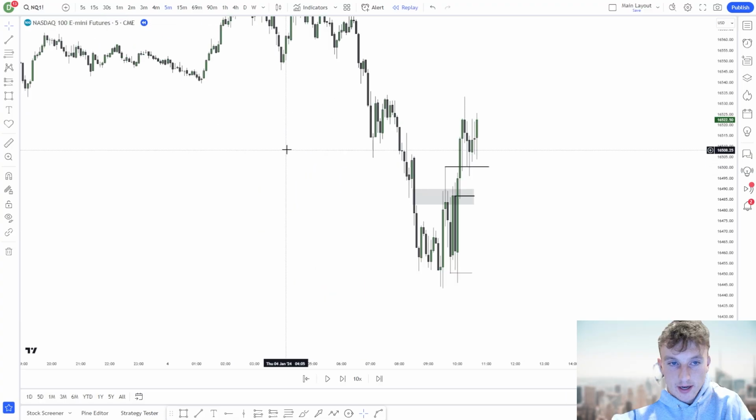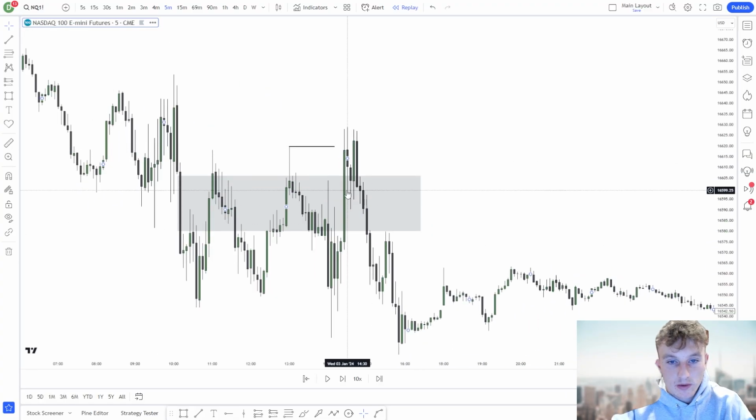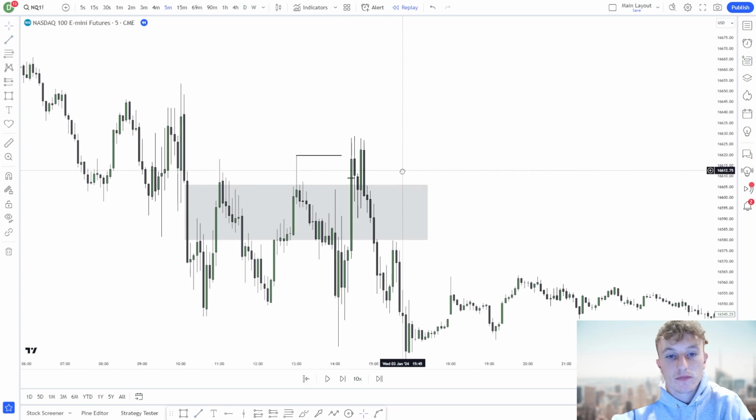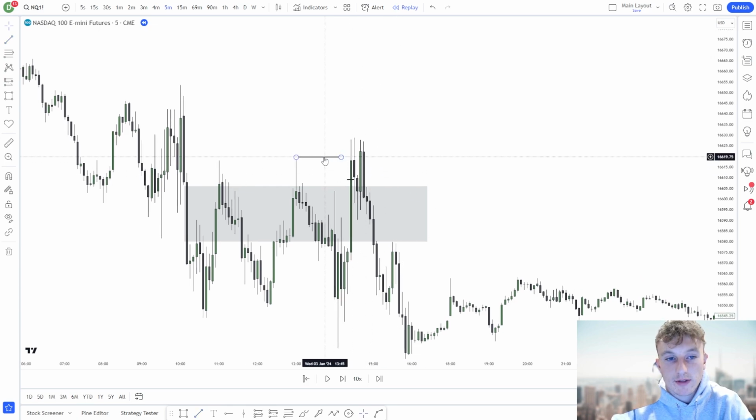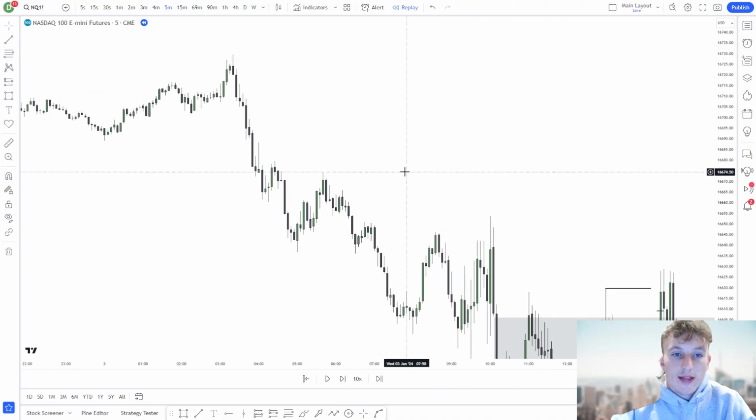So this is better than taking this one, because this one we're inversing this and also taking a very obvious high at the same time. So not as good for this one. I would have liked this better if the candle closed like right here, let's say. Because I could have moved my stop to break even there.